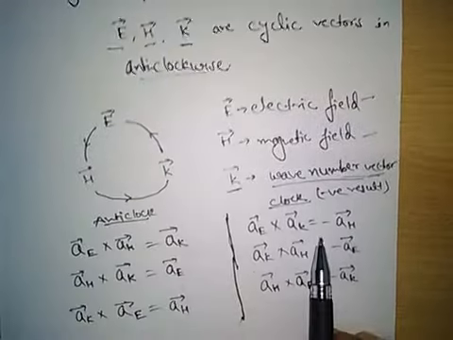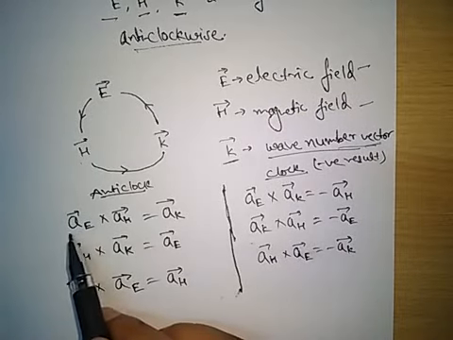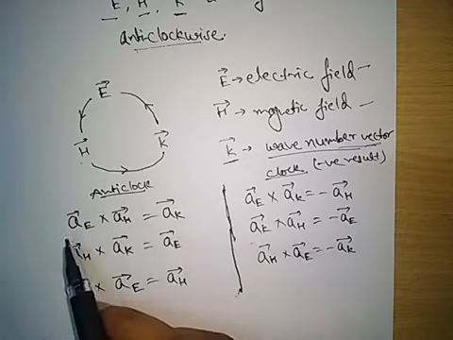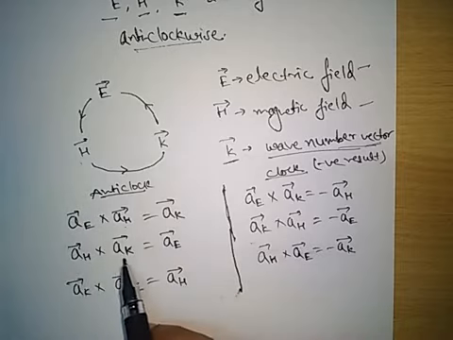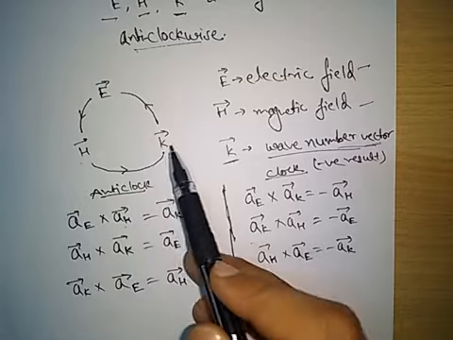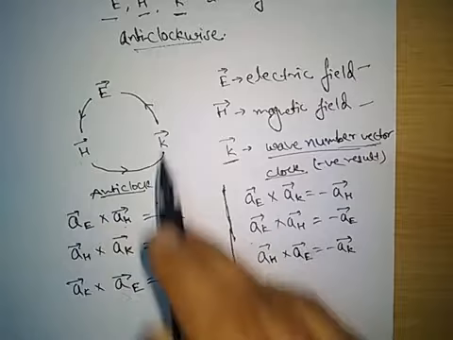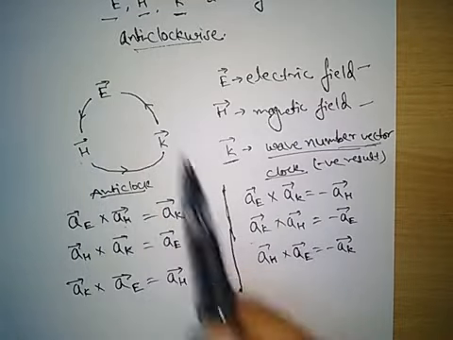So these are the relations that we get, if we take vector a, meaning direction only, as we are concerned about the direction only. So vector aE cross vector aH will give vector aK, vector aH cross vector aK will give vector aE, and similarly vector aK cross vector aE will give vector aH. So in this way, this is cyclic, and we can determine any of the directions by using the other two.